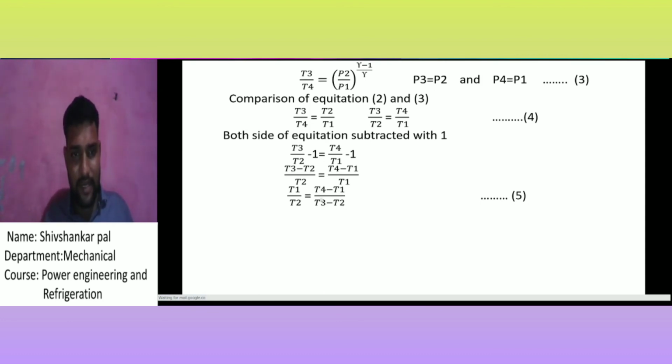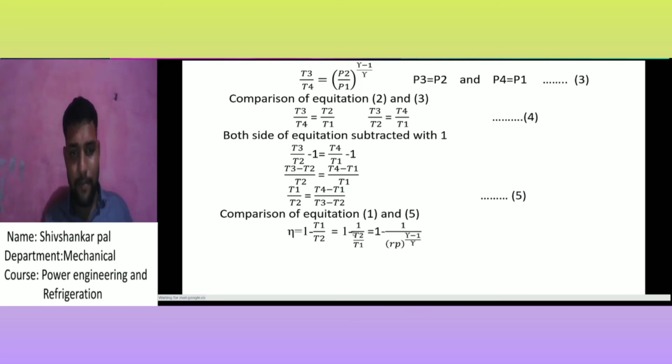Compare equation 5 and equation 1. We obtain the efficiency equal to 1 minus T1 by T2, and this T1 by T2 can also be written as 1 by (T2 by T1), which is 1 by Rp to the power (gamma minus 1) by gamma.